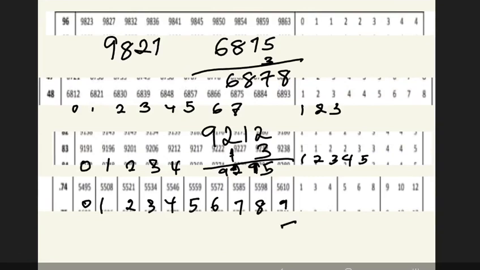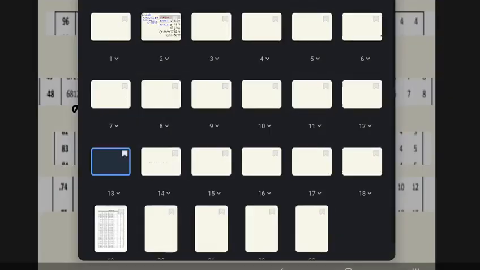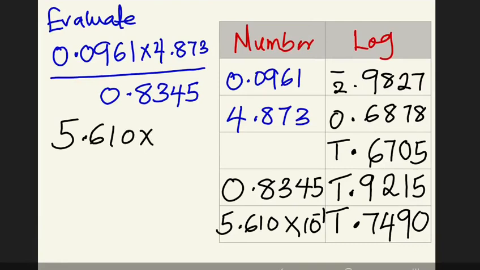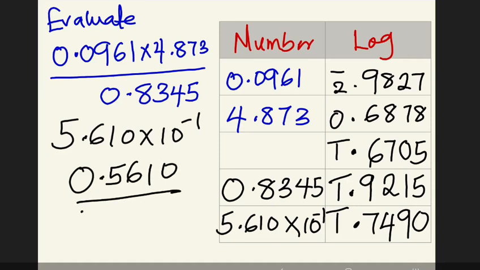It is 5610, under 74 with a difference 0. We have 5.610. So the final answer will now be 5.610 times 10 raised to power minus 1, which will give you 0.5610.